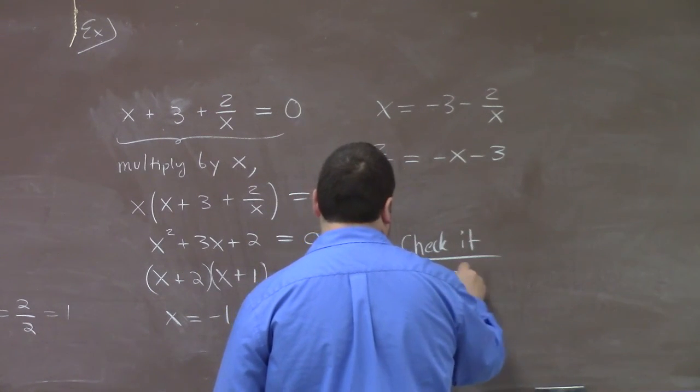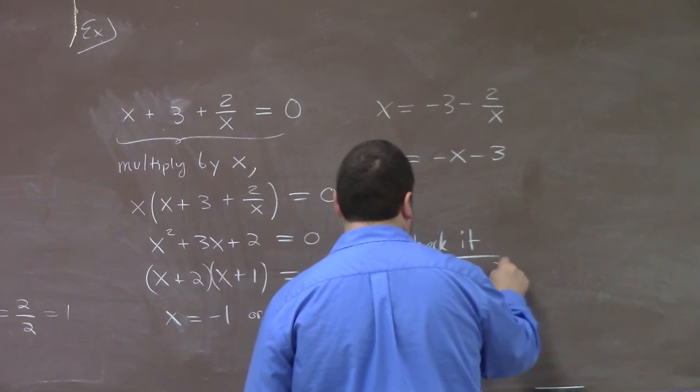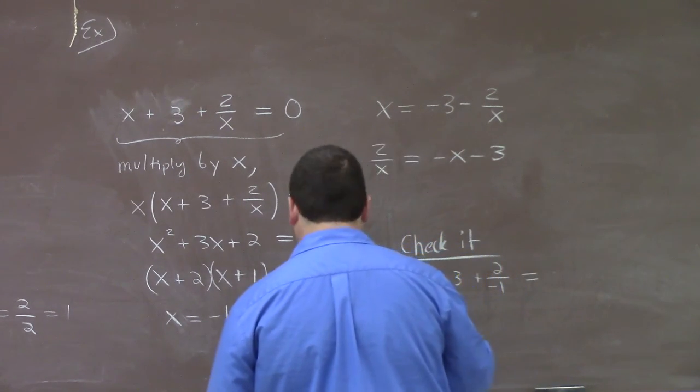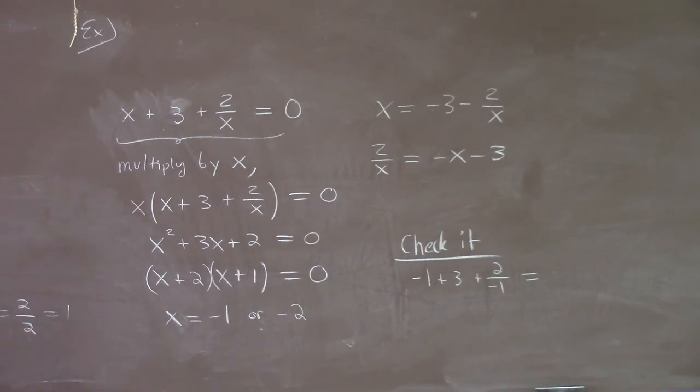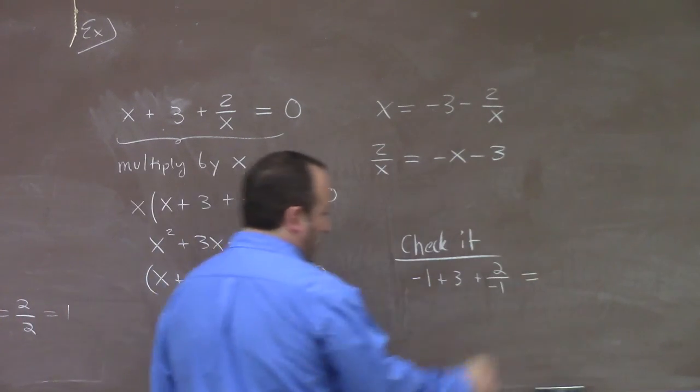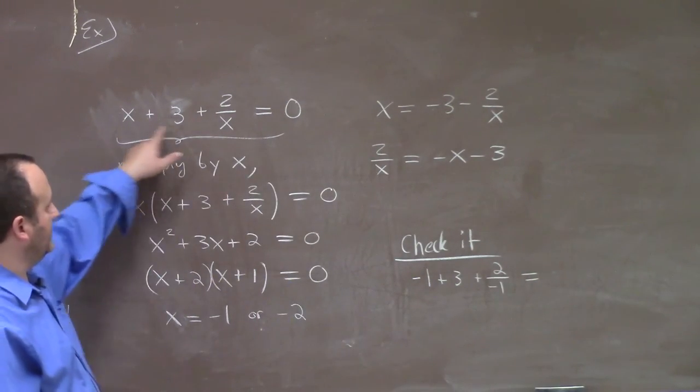-1 plus 3 plus 2 over -1, what do we got? I'm just plugging -1 into this formula to see if it works.